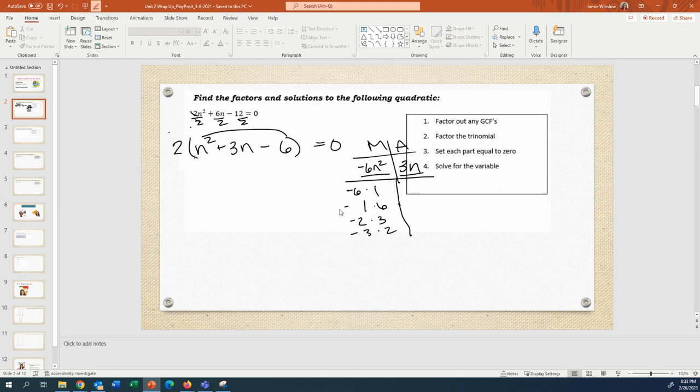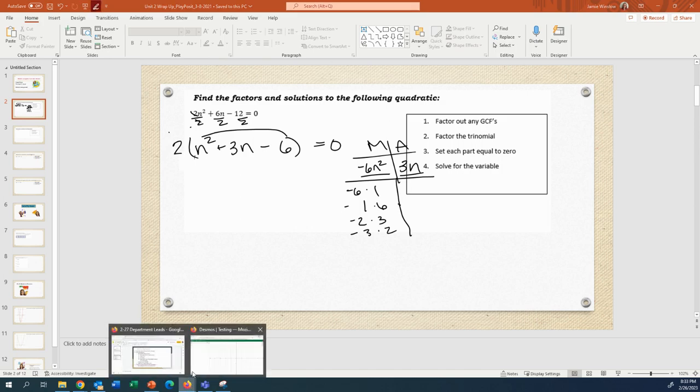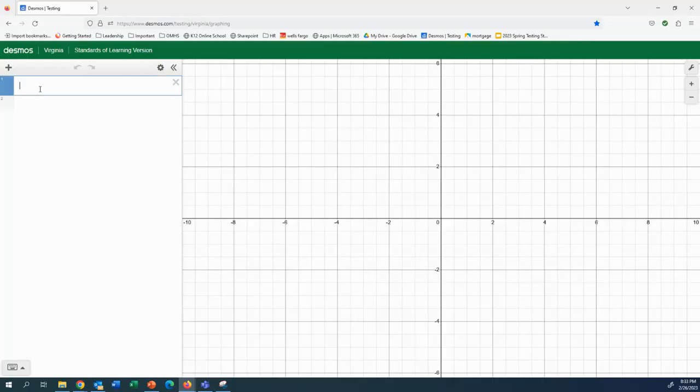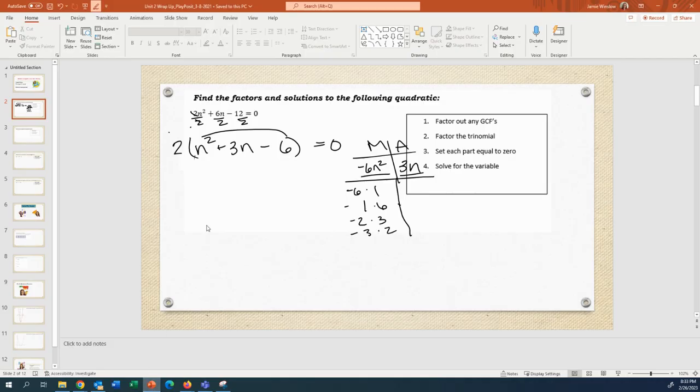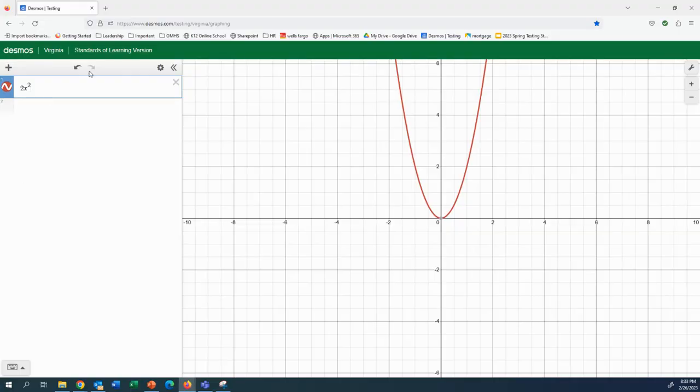So let's look at this in the Desmos. I want to see what it tells us. And remember, we're going to use x's. I'm just going to put the original polynomial. You could put the factored form that you already have with the 2 on the outside, plus 6x minus 12.